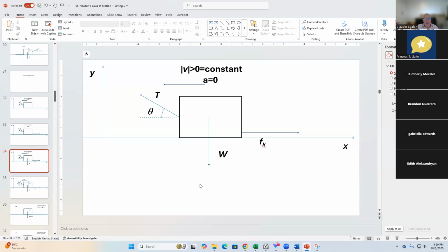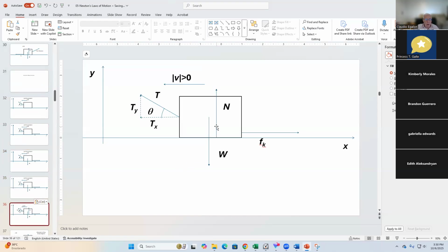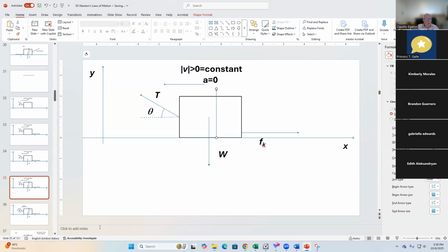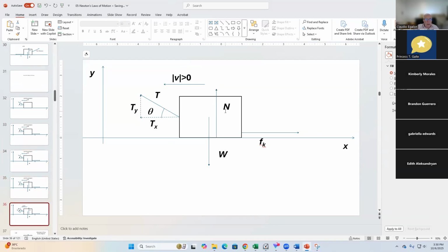And because we have a contact of the block with this horizontal surface, we must also have a normal force.